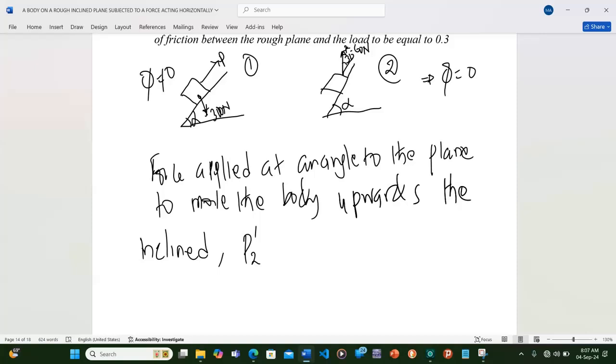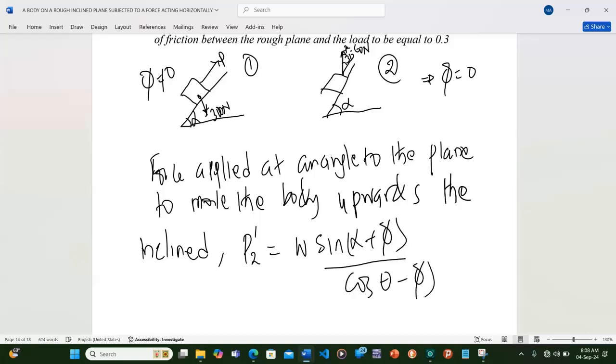the single prime can equal to, because we already derived this in our past lectures, so we are just going to quote it. We know it is equal to W sine of alpha plus phi divided by cos of theta minus phi. Theta is the angle of inclination of the force, phi is the angle of friction, and alpha is the angle of inclination of the plane, which is not known.